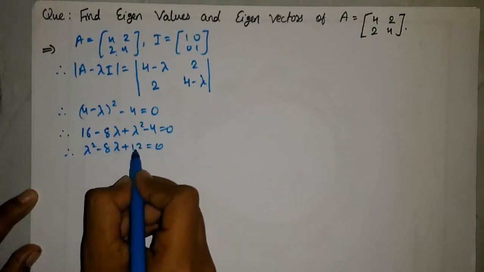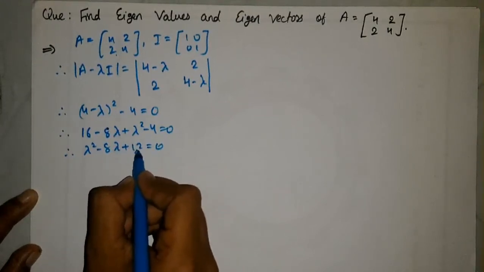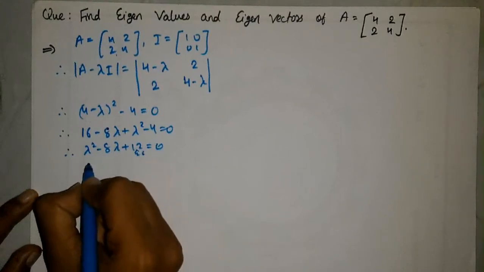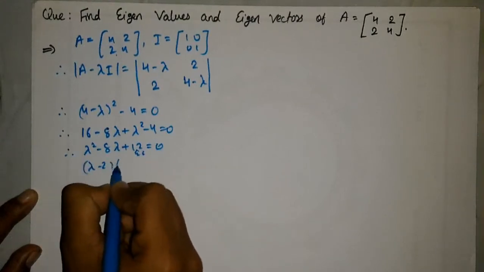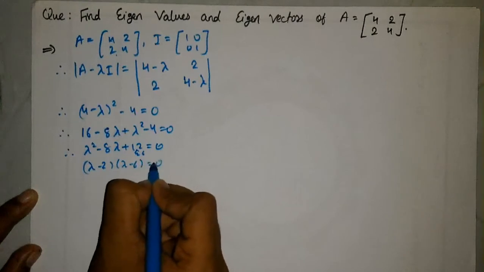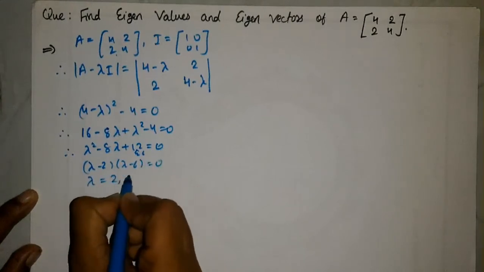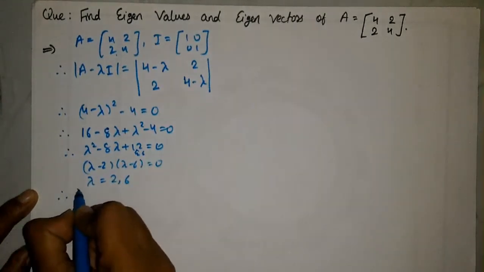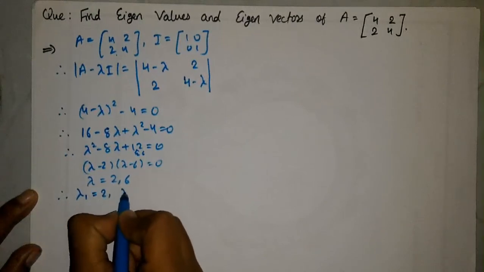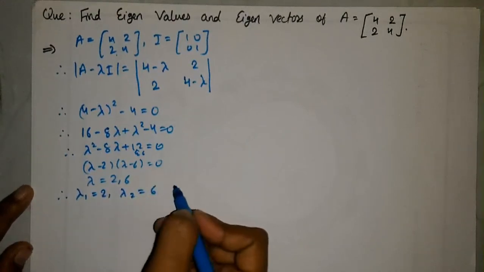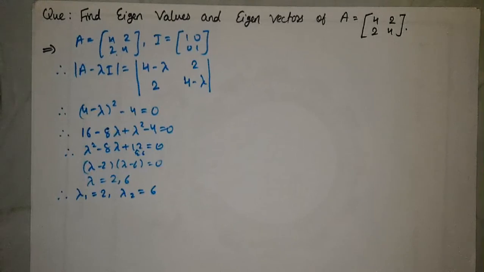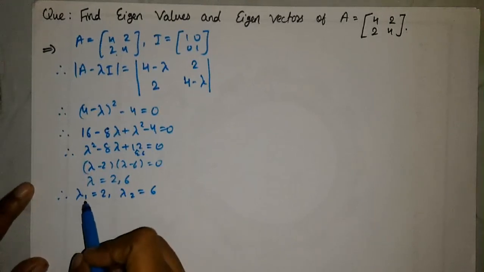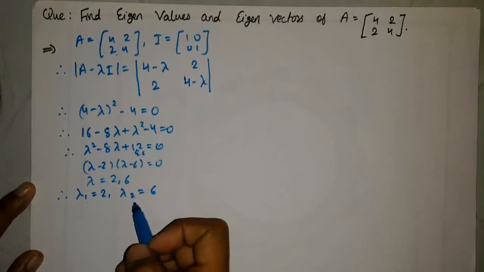Its roots will be 2 and 6, so (lambda minus 2)(lambda minus 6) is equal to 0. Therefore, lambda is equal to 2, 6. So we can write lambda 1 is equal to 2 and lambda 2 is equal to 6, because we have to find the corresponding eigenvector for each.